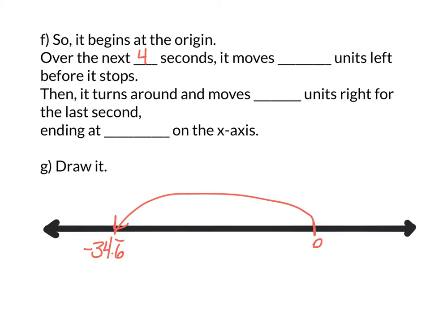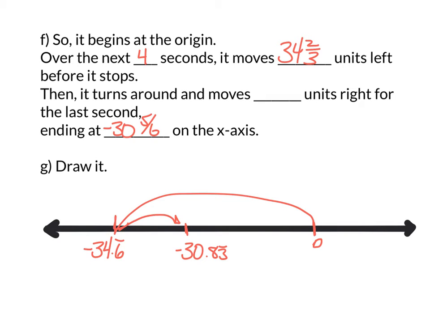So that's how far it moves to the left: 34 and 2/3 units to the left. That's where it stops. Then it turns around and moves to the right for 1 more second until it finishes at d(5), negative 30.83 repeating. That's ending at negative 30 and 5/6.